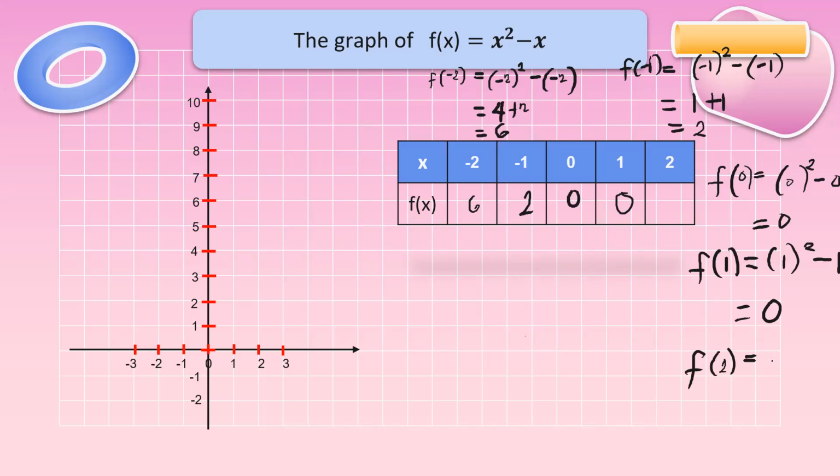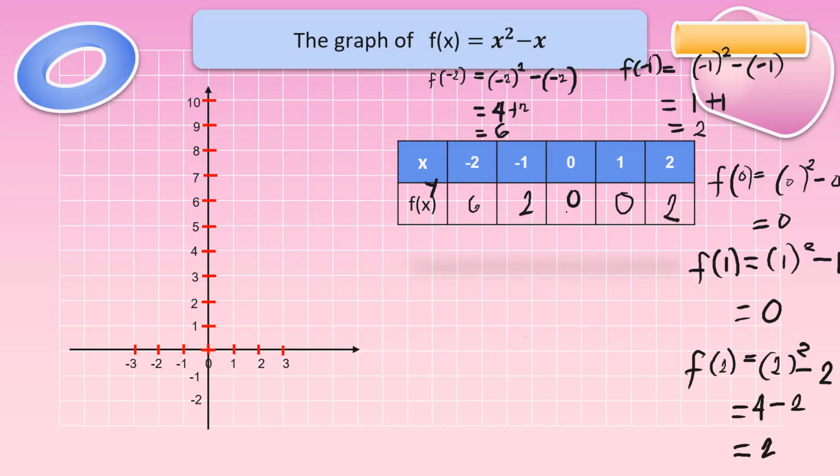So we substitute 2 to the power of 2 minus 2. So we have 2 times 2 equals 4, minus 2 is 2. So now we have the values of y.